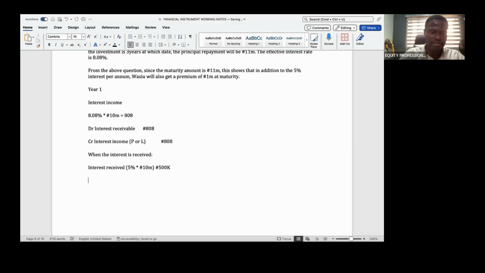So when you receive this, you can then debit bank with your 500K, then reverse this interest receivable, credit interest receivable, also with 500K.